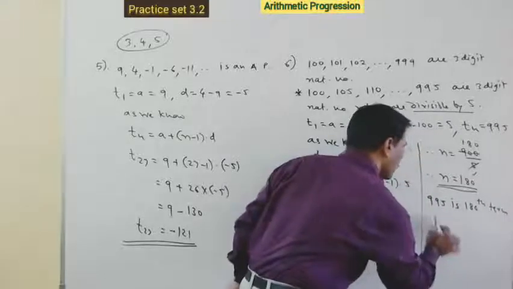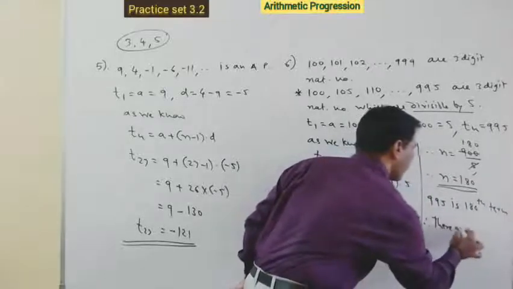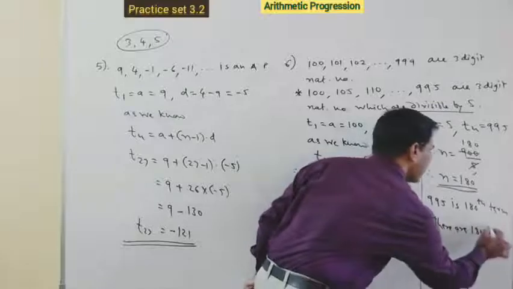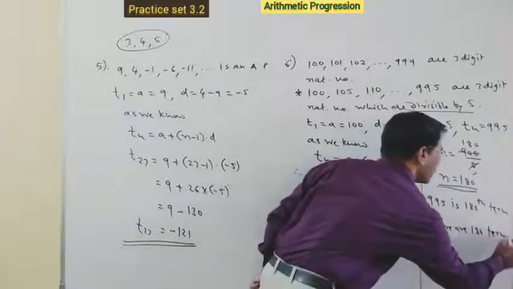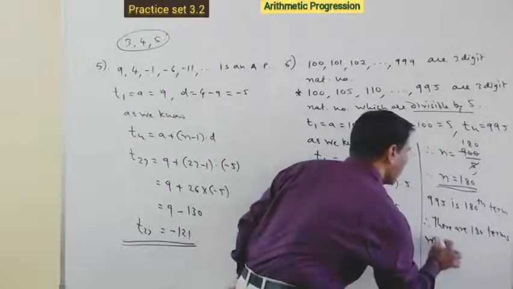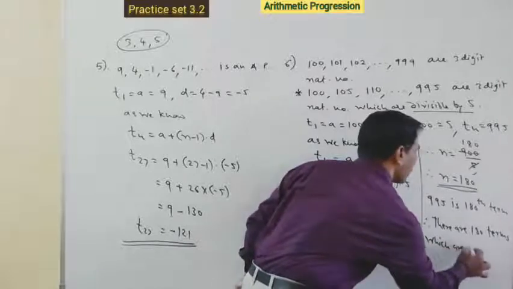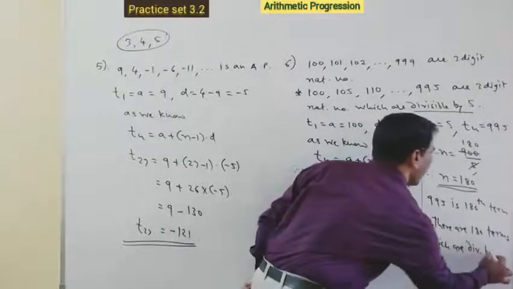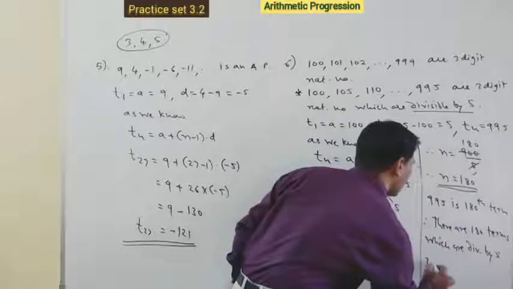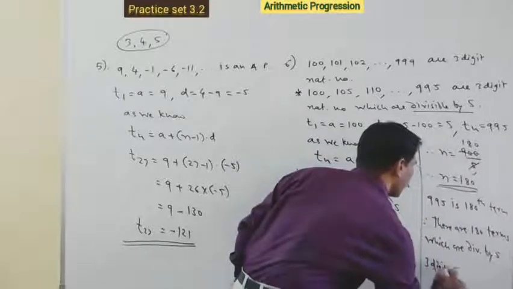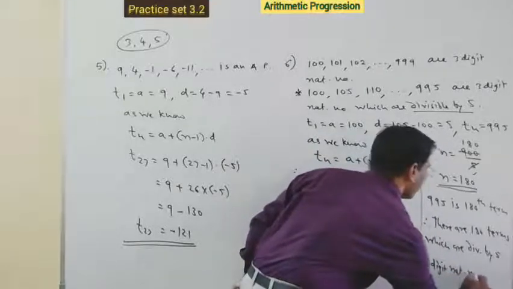Means there are 180 terms which are divisible by 5 and are 3-digit natural numbers.